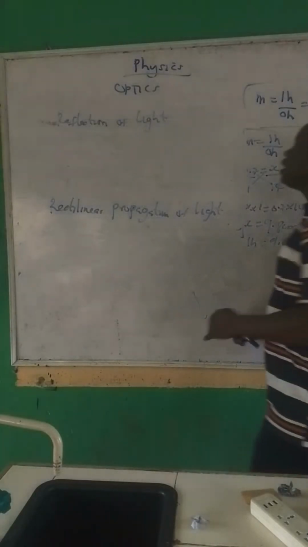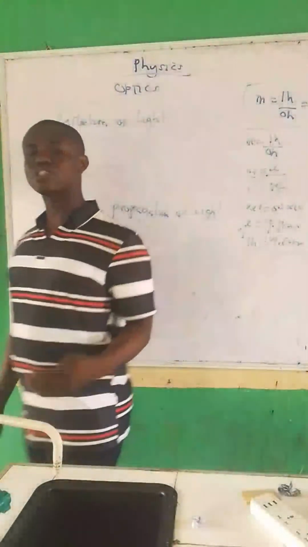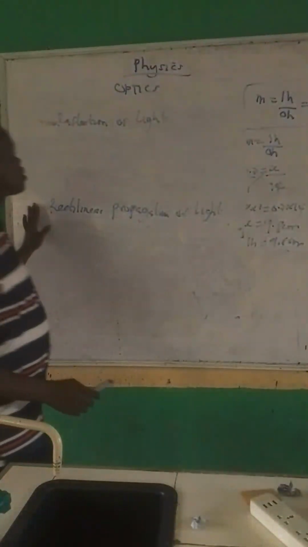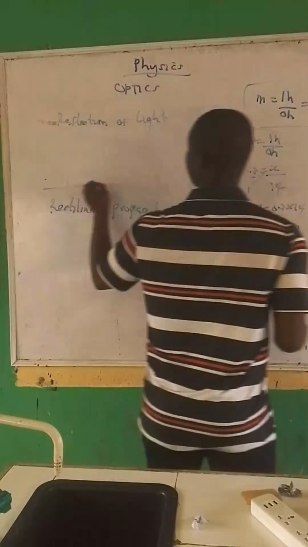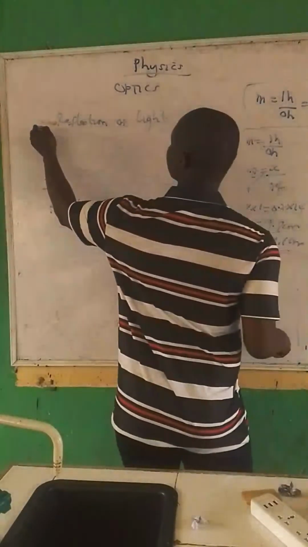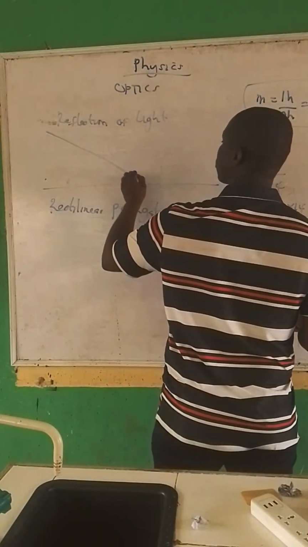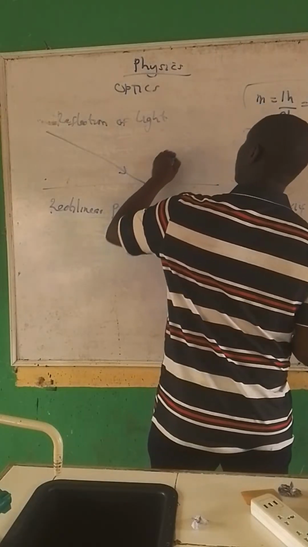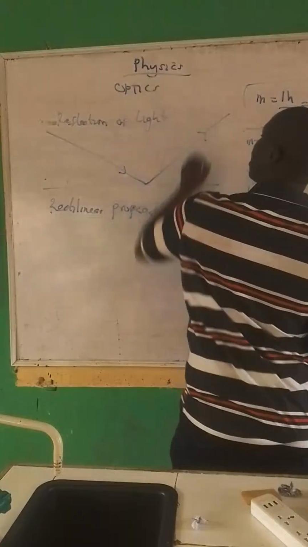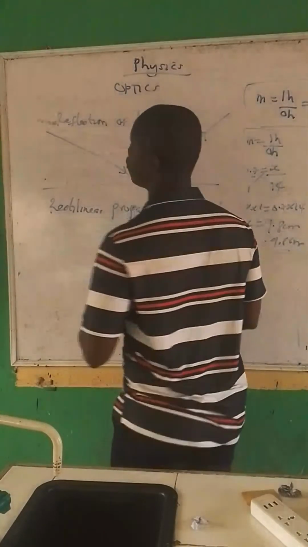So, being that light travels in a straight line, as it is moving towards an opaque object, knowing an opaque object cannot be passed through, what happens? It strikes it. Since it cannot pass, it bounces off and reflects.